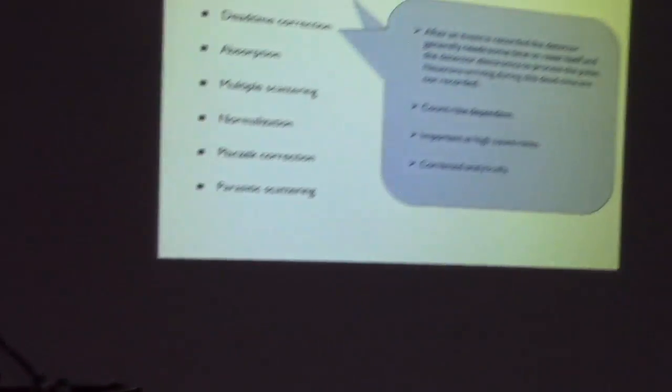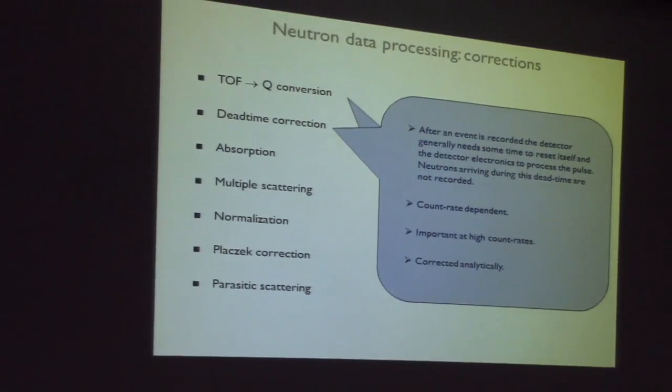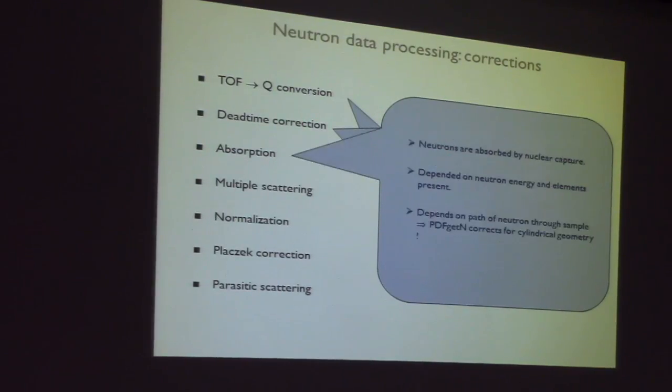So it looks very like X-ray photon counting. So in that case, you need to do this dead time correction. Neutrons have a very low absorption. That's one of their characteristics. But there is a little bit of absorption that you have to correct for.